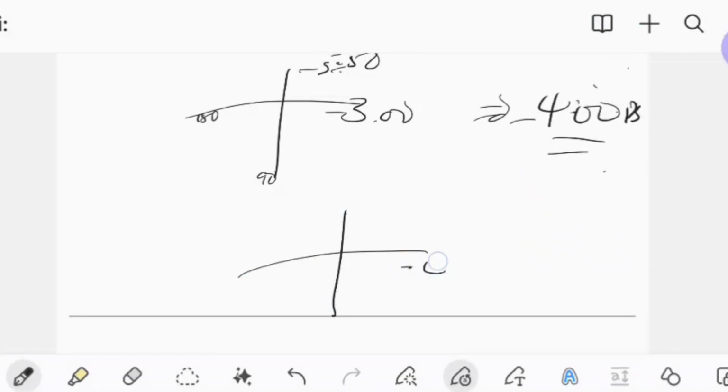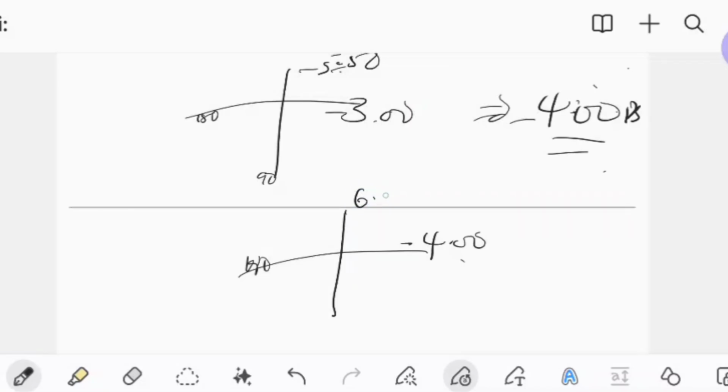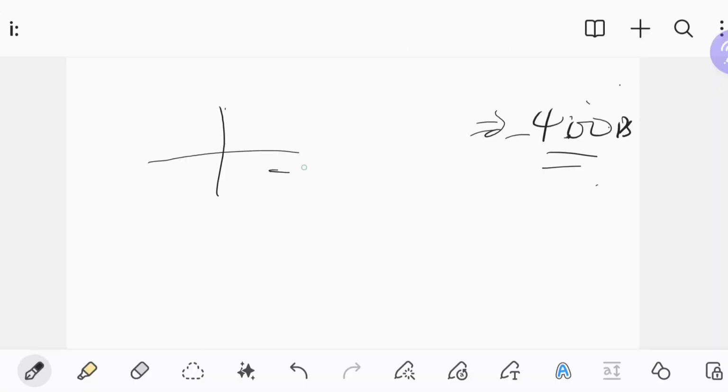So here will be minus 4.00 at 180, and from our 180 meridian to the other meridian there is always a 2.50 difference, so this will be 6.50. If the patient is wearing this minus 4 as a contact lens, this is what the prescription will change into: minus 4.00 at 180, and minus 6.50 at 90.